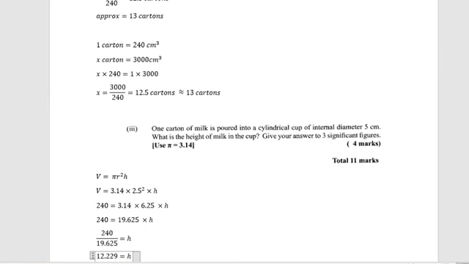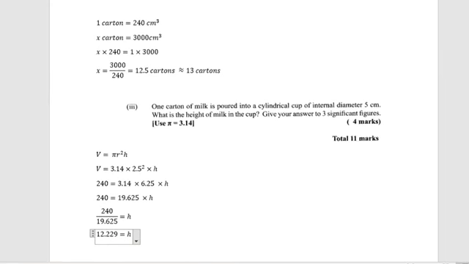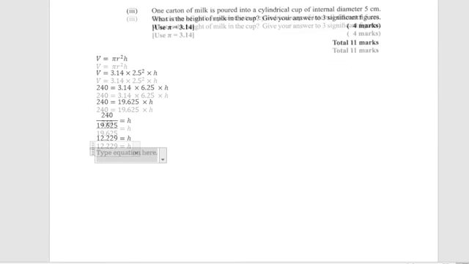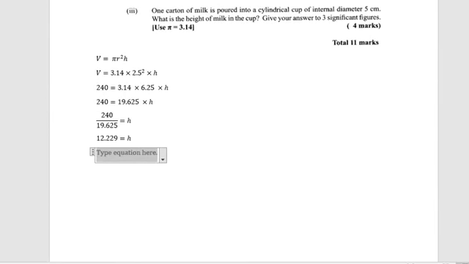Is that my final answer? No, sir. What is my final answer? 12.2. So it is indeed 12.2. Significant figures: you will start counting from the first significant figure on the left, and they have asked us to write it to 3 significant figures.